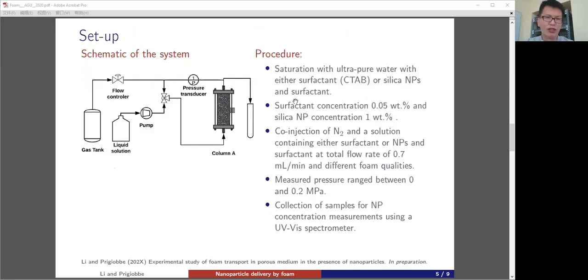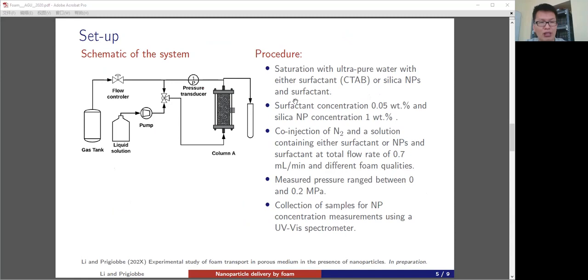So this is the setup which has been used in our research for doing each experiment. The column was saturated with the solution containing the surfactant. Upon stabilization, nitrogen and the solution containing either surfactant or surfactant with nanoparticles were co-injected.